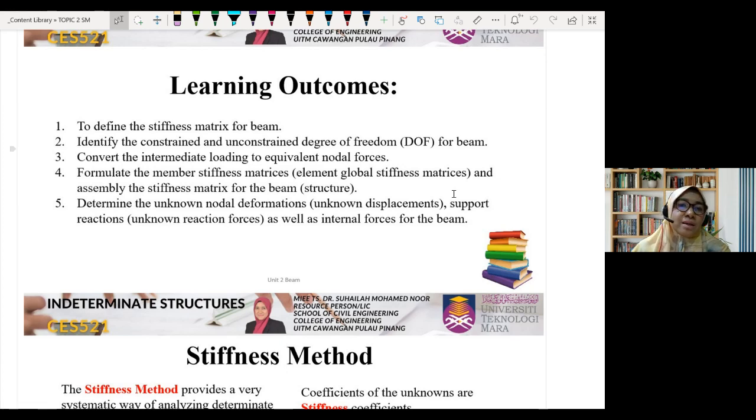And last, determine the unknown nodal displacement or nodal deformation, support reaction or unknown reaction forces, as well as internal forces.